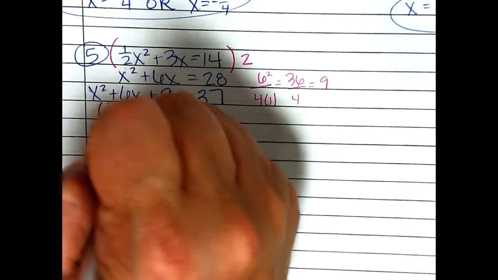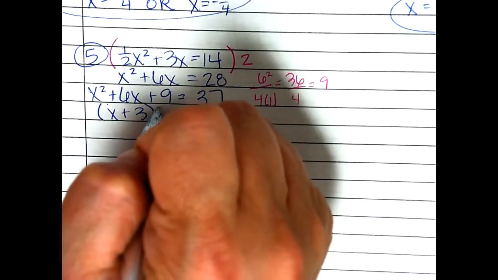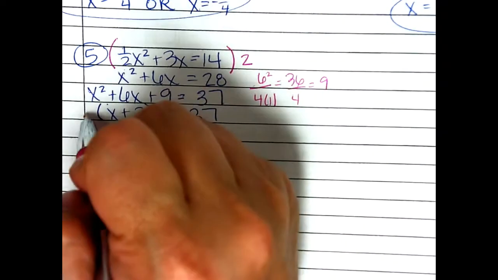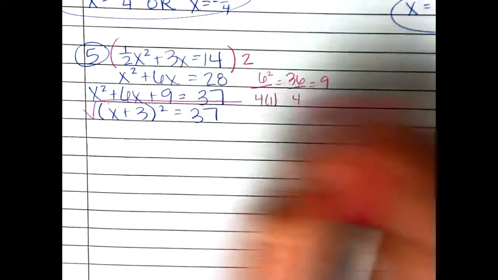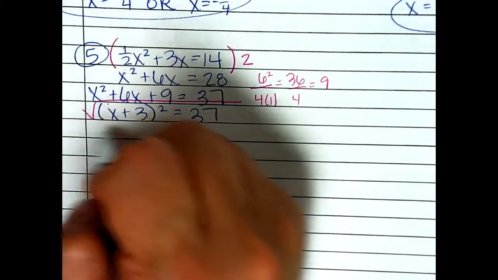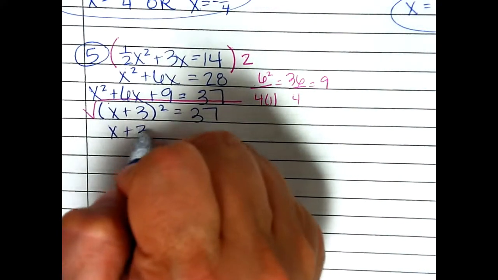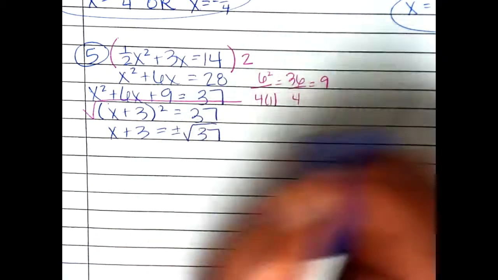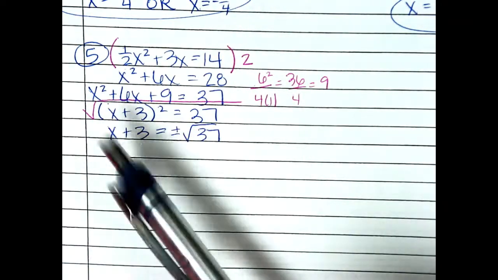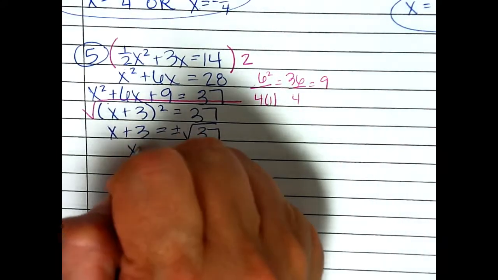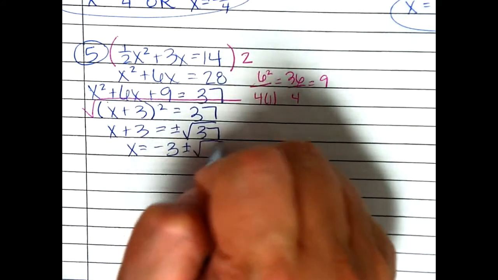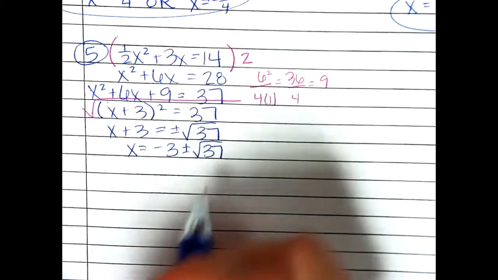So that's (x plus 3) squared equals 37. Take the square root of both sides. So I have x plus 3 equals positive or negative radical 37. And then I need to subtract 3. So x equals negative 3 plus or minus the square root of 37.